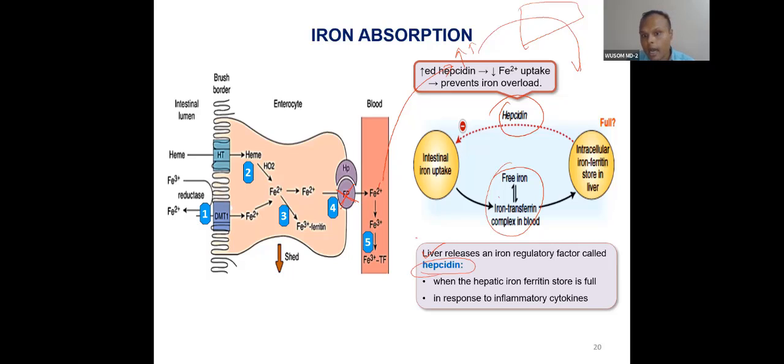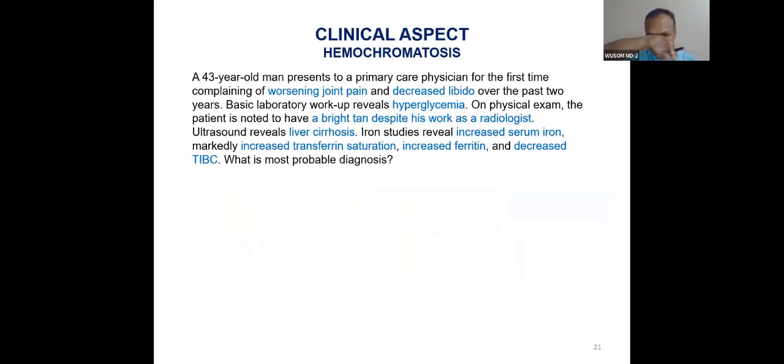When the hepatic iron store is full or free iron is very high, it will cause release of hepcidin, and then hepcidin will cause reduced absorption. This is the feedback mechanism for iron absorption.